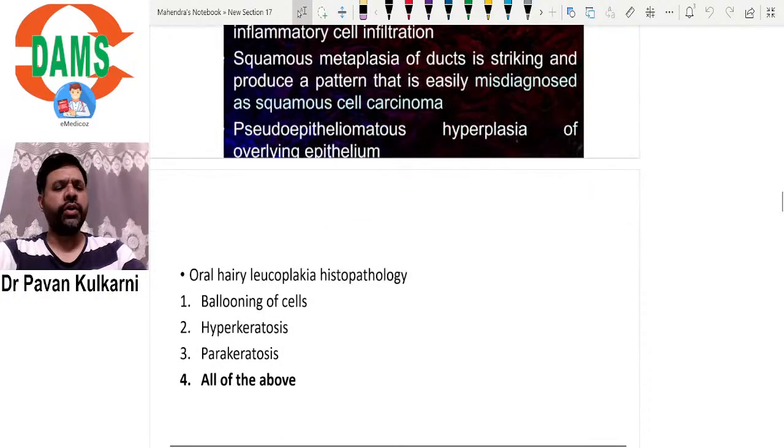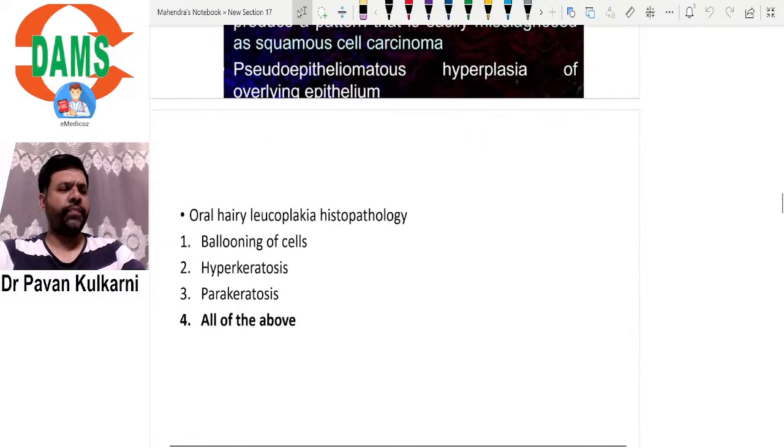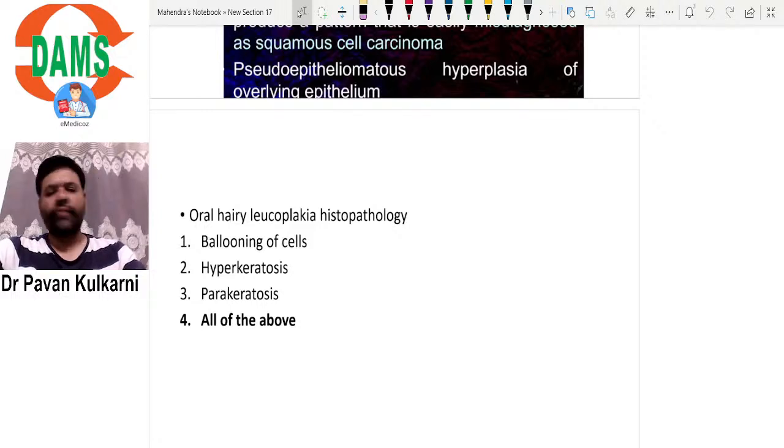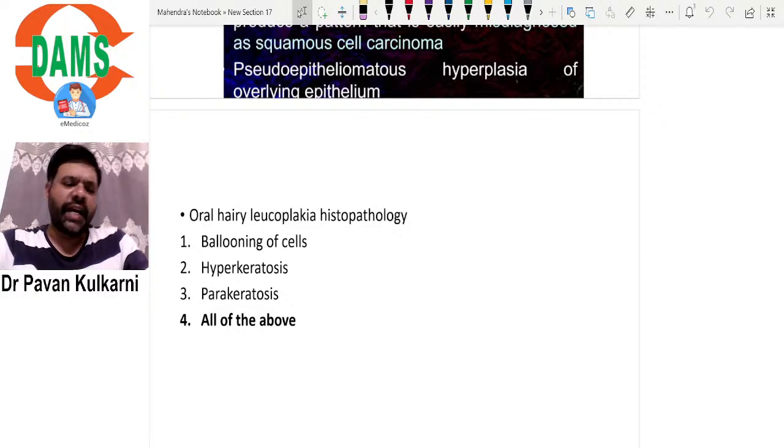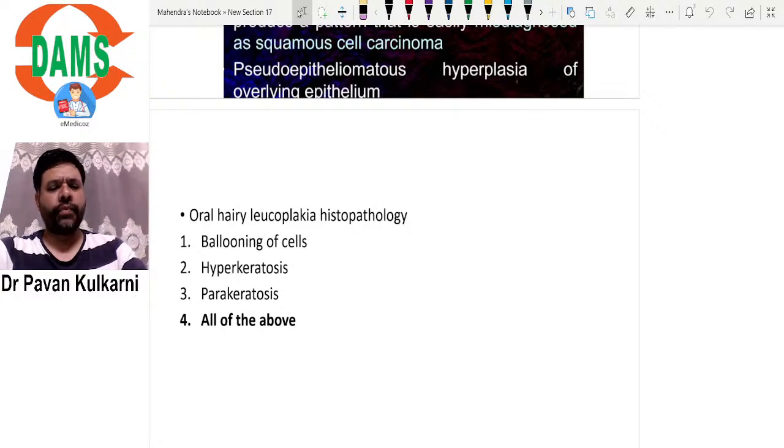Moving on to the next question, oral hairy leukoplakia histopathology. Ballooning of cells, hyperkeratosis, parakeratosis, all of the above. This is again a question which we have discussed in the miscellaneous section, in the viral infections, where we know that oral hairy leukoplakia is caused by Epstein-Barr virus.